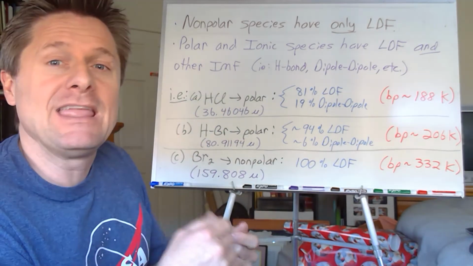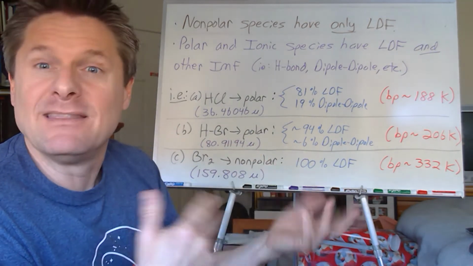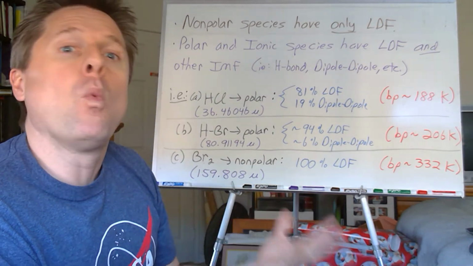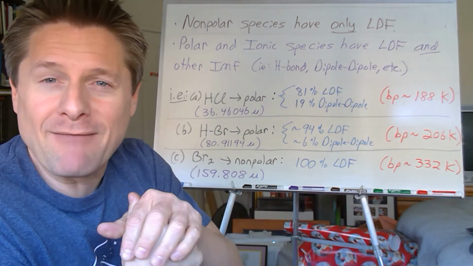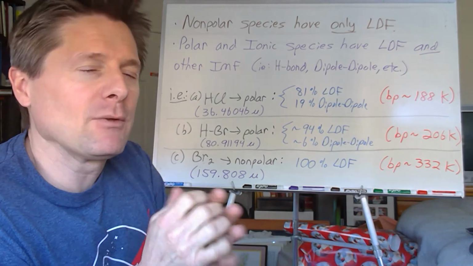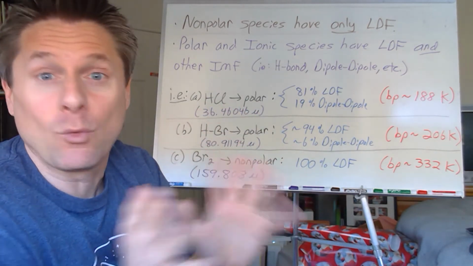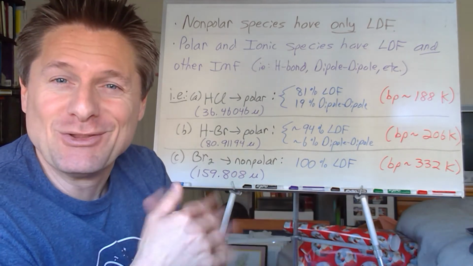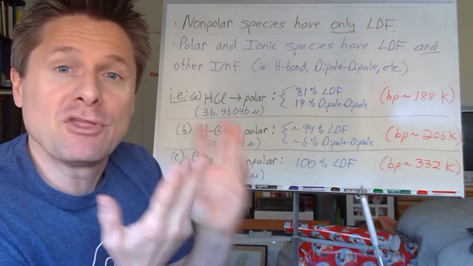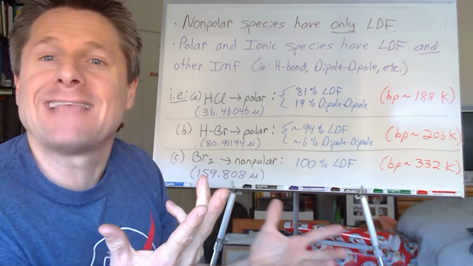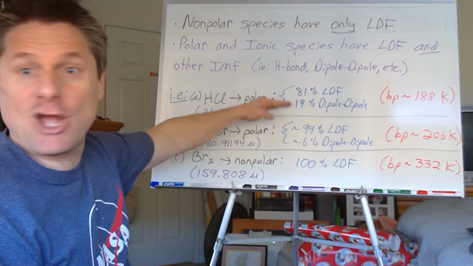Or I could give you two species of dramatically different molar masses and maybe different polarities, and the one that's a lot larger would have the much stronger LDF and probably the higher boiling point, right? But typically what I'll do is give you a string of 3 non-polar species, so you don't have to worry about polarity at all. You can just do the molar mass or size effect with just London dispersion forces. Or I'll give you 3 polar species of about the same molar mass, so you can just look at the polarities. So I try to get that conflict out of the way.